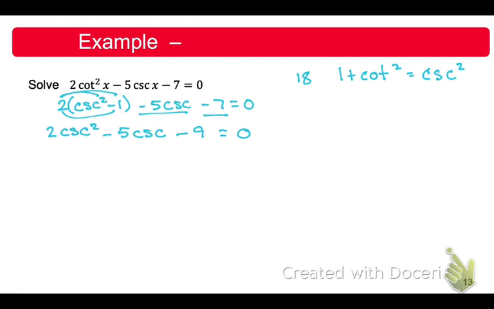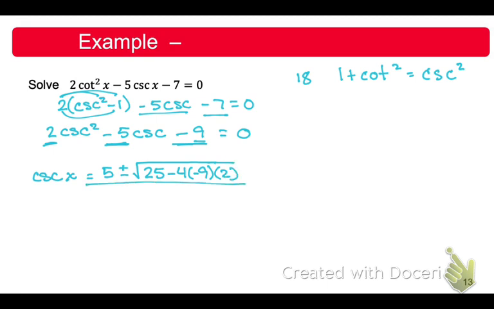Where'd I get A times C? Where'd your negative 2 go? Oh, never mind, I'm just overthinking. Okay, quadratic formula. So we've got A, B, and C, yes? So cosecant of x equals 5 plus or minus the square root of 25 minus 4 times negative 9 times 2, all over 2a.